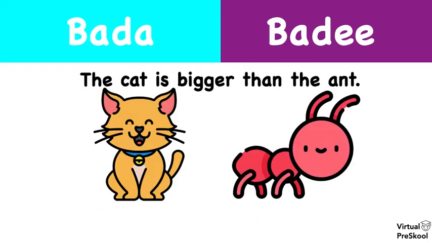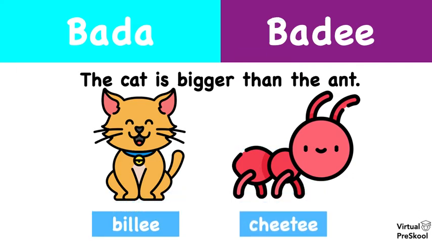The cat is bigger than the ant. So cat in Hindi is billi. Ant in Hindi is cheeti. So would we use bada or badi? Well, what's the sentence about? It's about the cat or the ant? It's about the cat. And cat is billi.